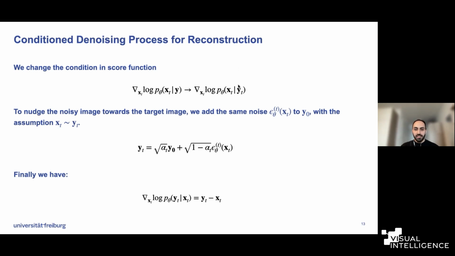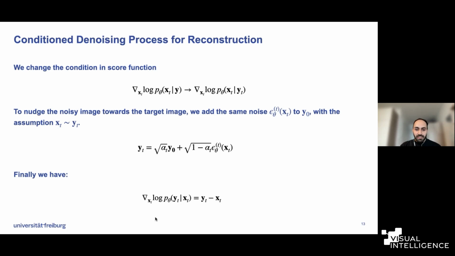However, in order to achieve yt, we do not sample from the Gaussian noise. The trick we use is to add the noise predicted by our model from xt. Once we add the predicted noise from our model to y0 we achieve yt, so the assumption here is that yt and xt consist of the same noise, and they only deviate in the signal part.